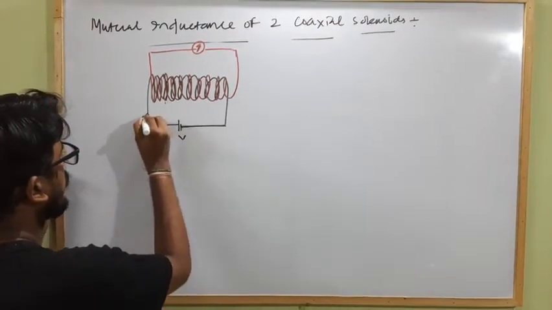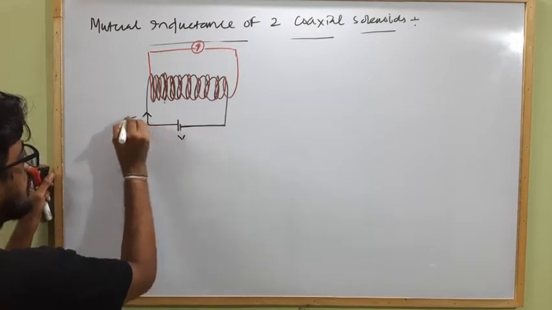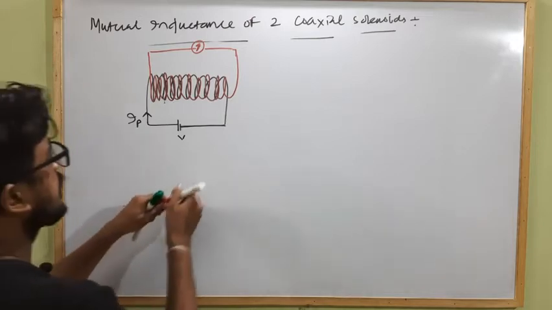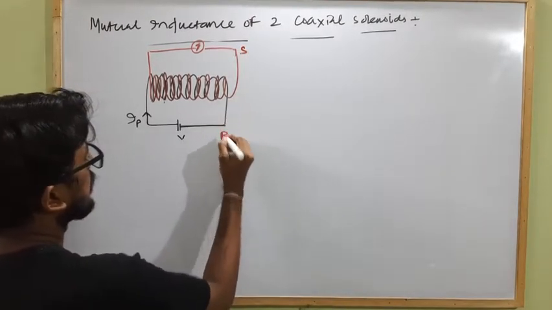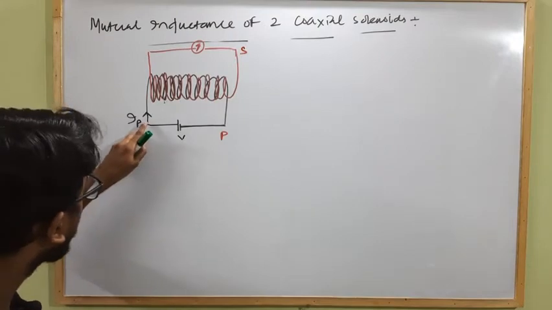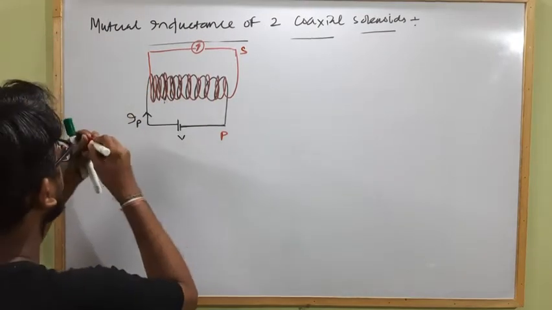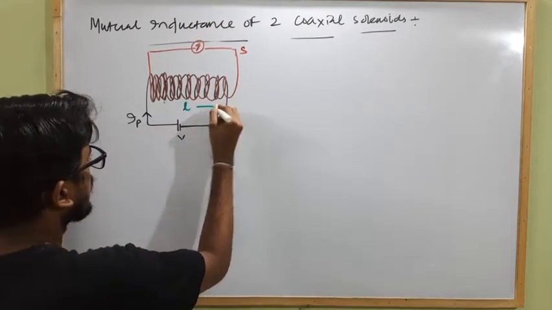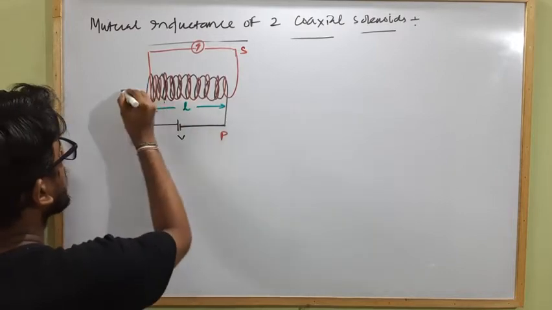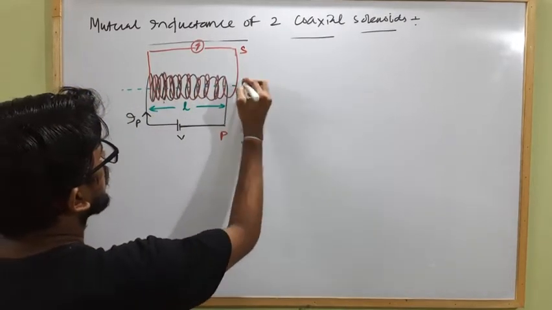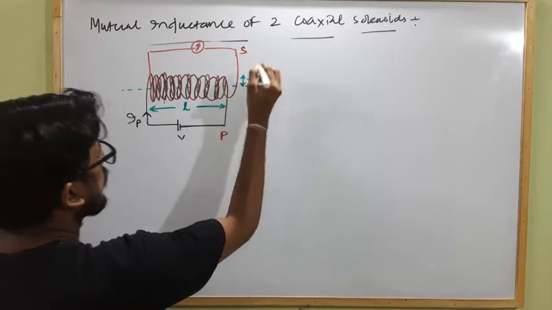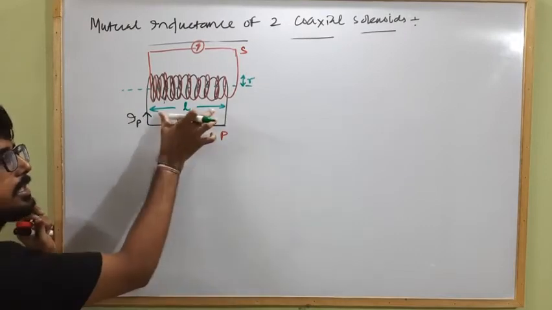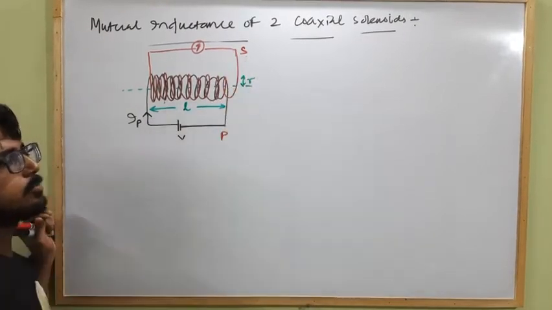The black one is the primary coil, let the current flowing through it be IP, and the red one is the secondary. Okay, so when we allow current to flow through the primary, both the coils have the same length, small l. This is the axis of both the solenoids, and both have the same radius, small r. Clear? They are two solenoids of equal length l and radius r.